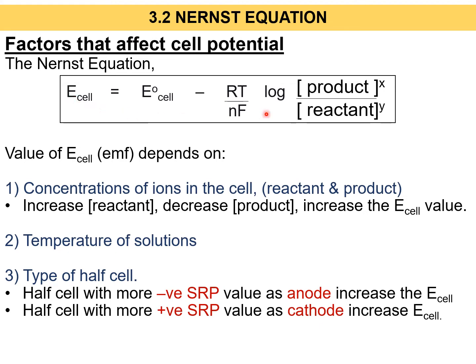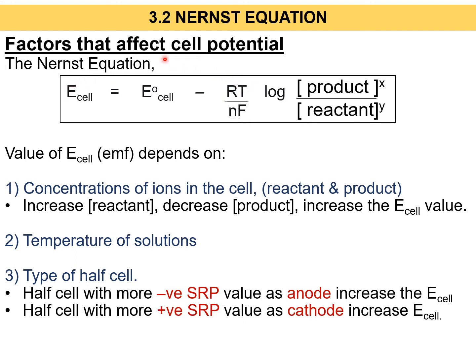Kalau let's say you decreasekan concentration of product, the value of Ecell will be increased because ada log kat sini, the relationship between the concentration of product and Ecell is indirectly proportional.